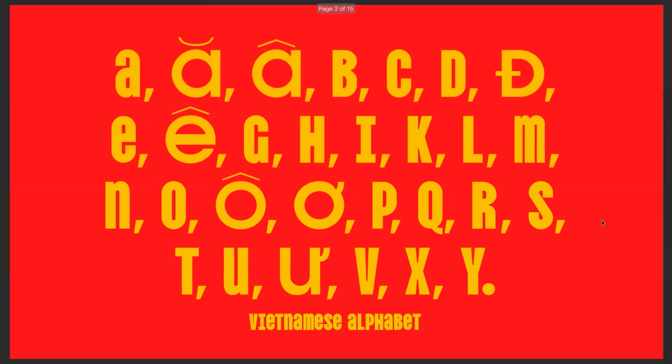Okay. So I think it could be nice to start first with the alphabet itself, because Vietnamese uses the Latin letters for the alphabet, but with some special annotation of the language.